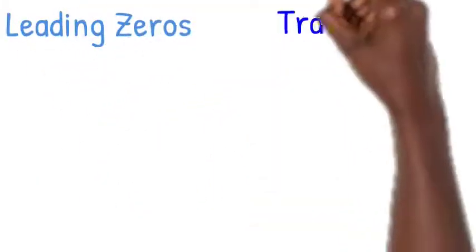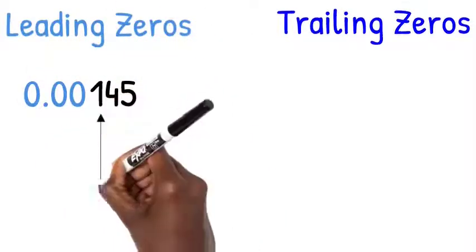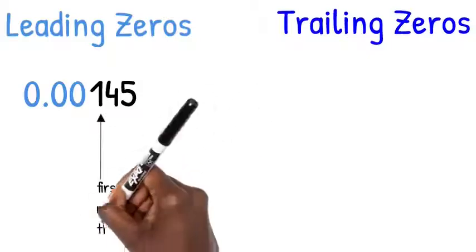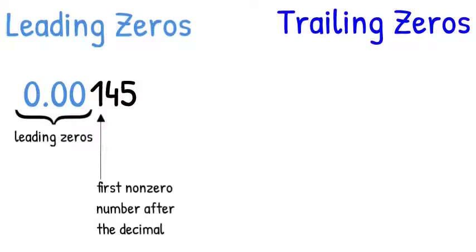The rules are trickier when zeros are leading and/or trailing, so we'll break this one up into two parts, determining the significance of zeros in rational numbers with a decimal point and without a decimal point. But first, let's define leading and trailing zeros. Leading zeros are present in numbers where the first non-zero number occurs after the decimal point. Any zero before the first non-zero number is a leading zero.